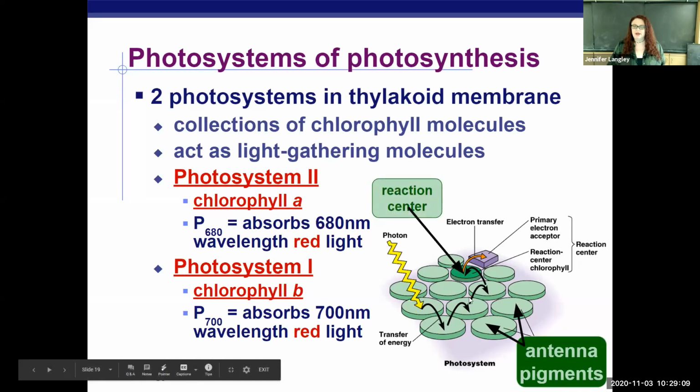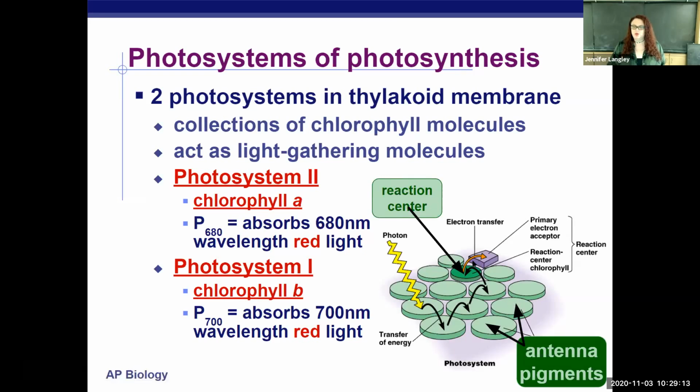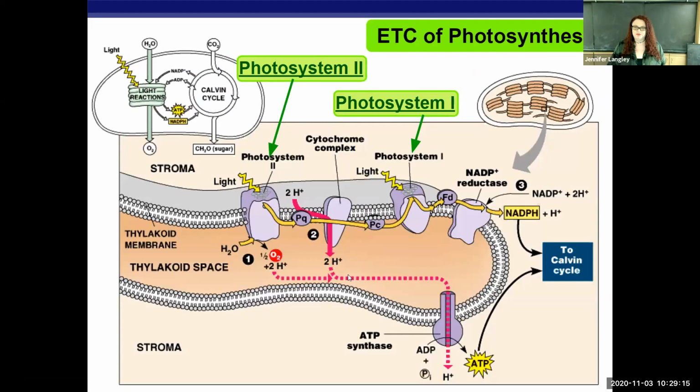These antenna pigments are just pigments that send the energy over to one processing center. These are on the protein, and just like before, we have that electron that's excited. Water is split. It causes a proton to be kicked out. The electron travels on and kicks another proton out, and then it can continue.